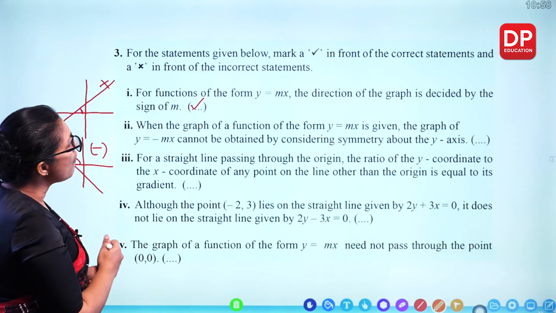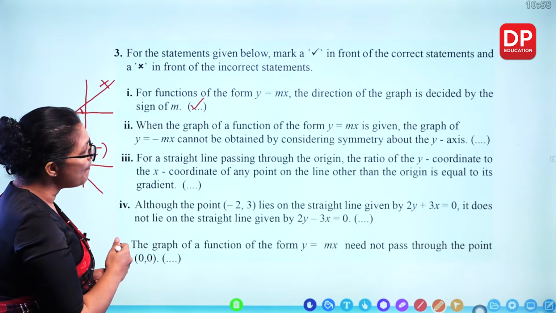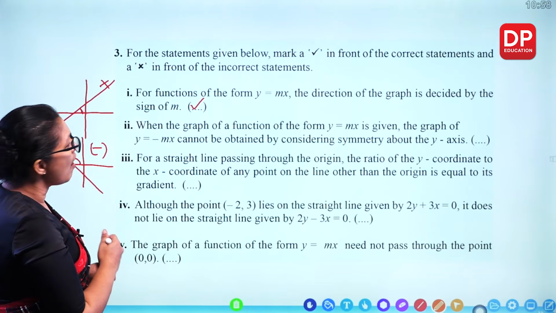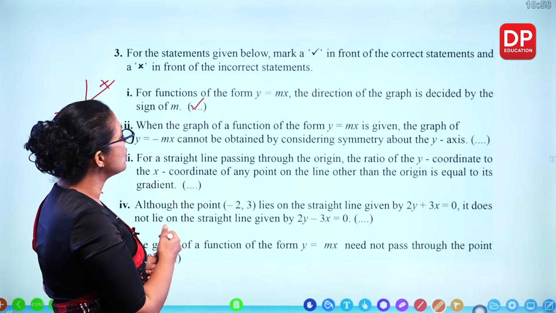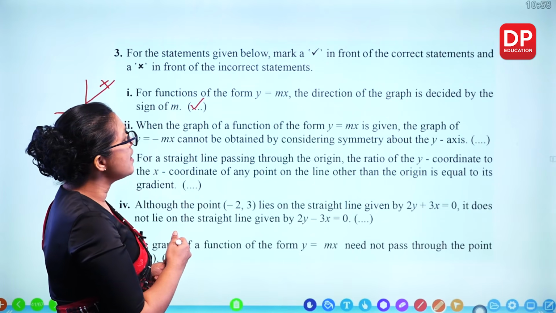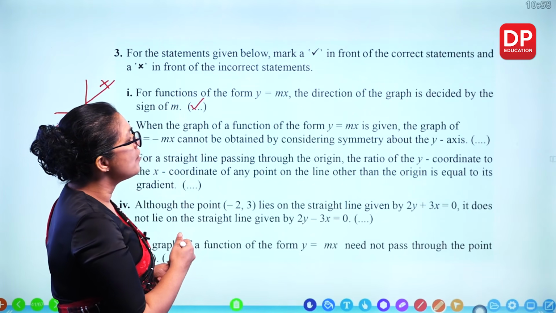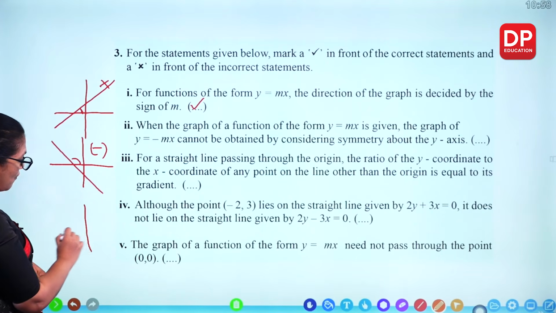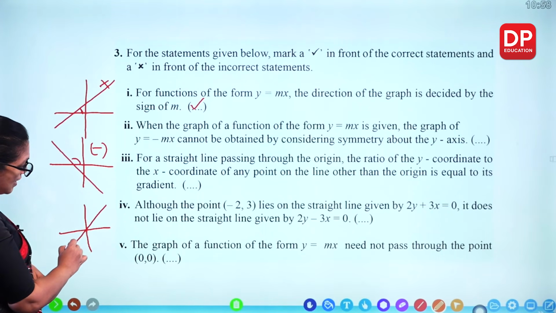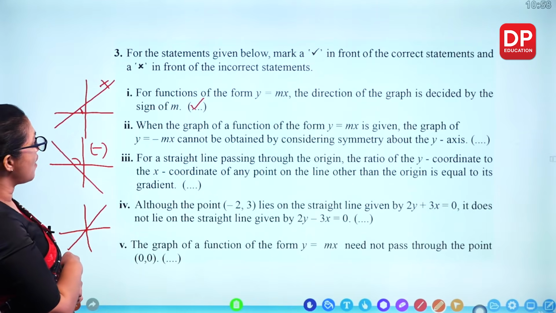When the graph of a function of the form y equals mx is given, the graph of y equals minus mx cannot be obtained by considering symmetry about the y-axis. Remember that this is the y equals mx graph.